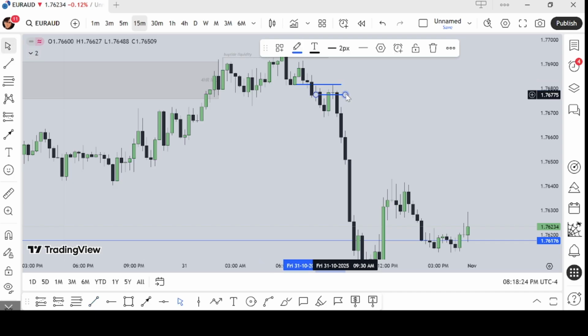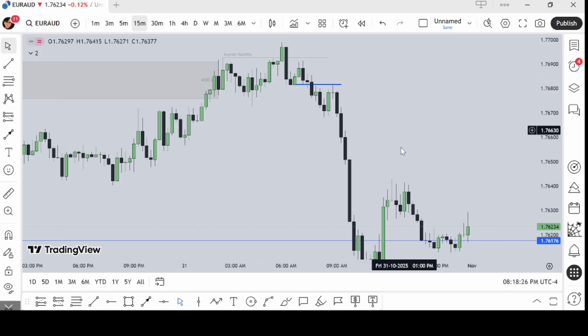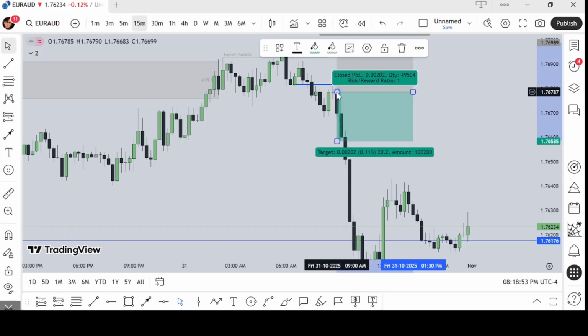Okay, price got there. So I'm just going to remove this one. We retrace down to this order block, and now because I'm looking for the 9 a.m. candle, I'm just going to take my trade here, because now I understand what I understand is we've swept liquidity, we've made a shift in market structure, and now price is retracing, giving us fair value to get in, right? So I'm just going to catch my trade on this next candle, which is exactly 9 a.m.